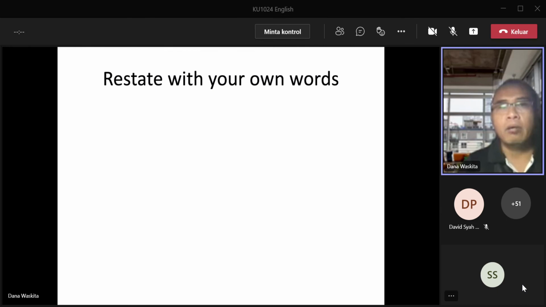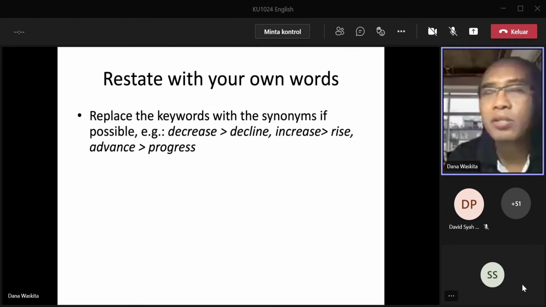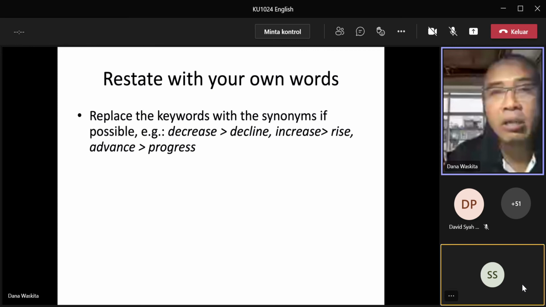You replace some words, some keywords perhaps, with synonyms, like decrease with decline, or increase with rise, or advance with progress. But of course, not all words can be replaced by another one or by a synonym.